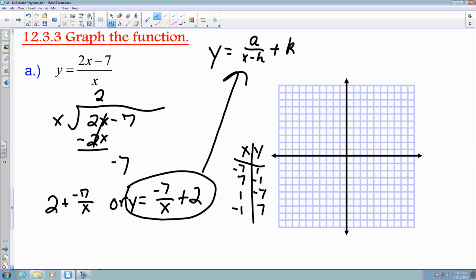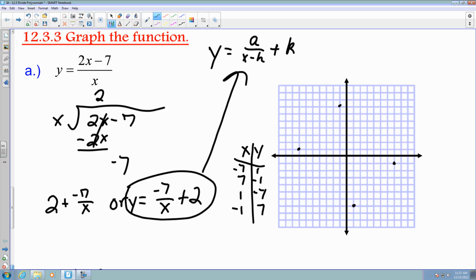So those would be the plotted points from your t-chart.